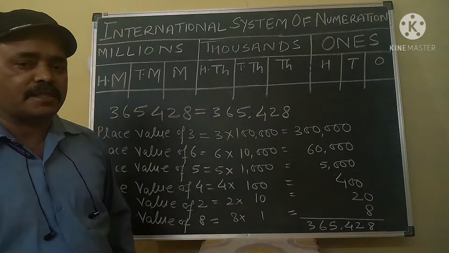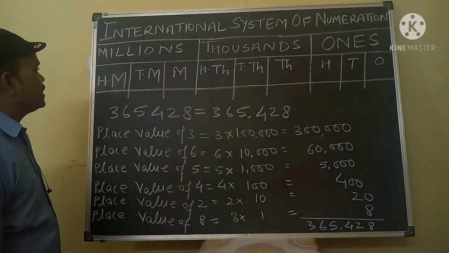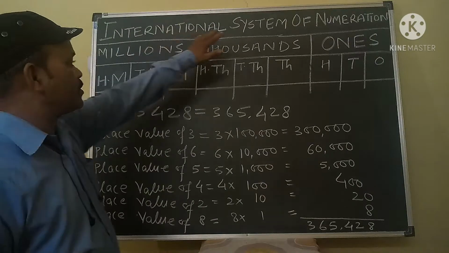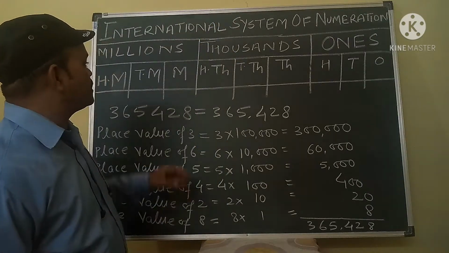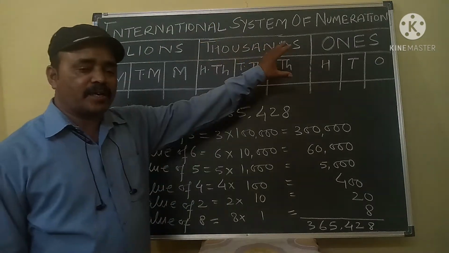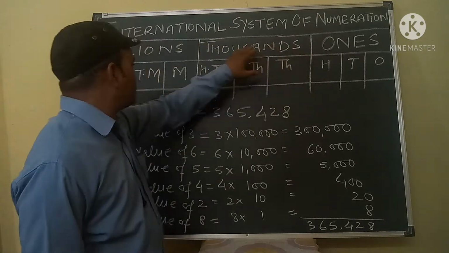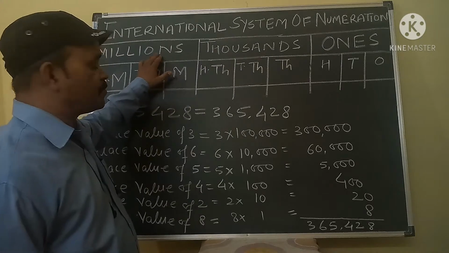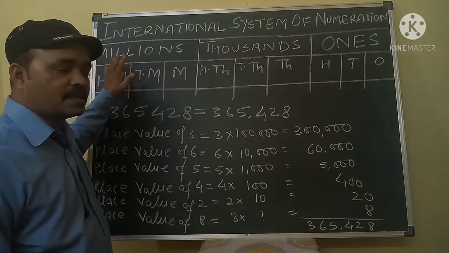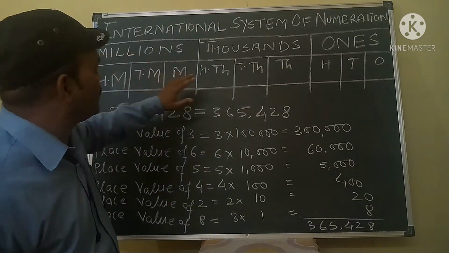Now today we will discuss the international system of numeration. My dear students, the international system has many periods such as ones, thousands, millions, billions, trillions and so on.